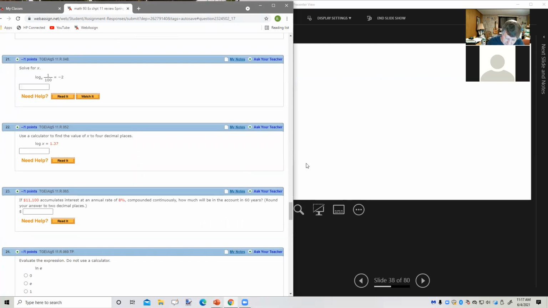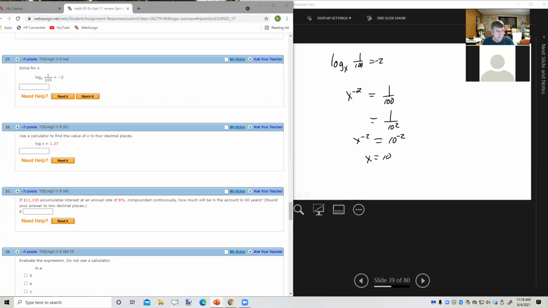We've got log base x of 1/100 equals -2. So changing it into exponential form, x to the -2 power equals 1/100. Well, I could write 1/100 as 1/10 squared, or as 10 to the -2 power. So if x to the -2 power equals 10 to the -2 power, x equals 10.